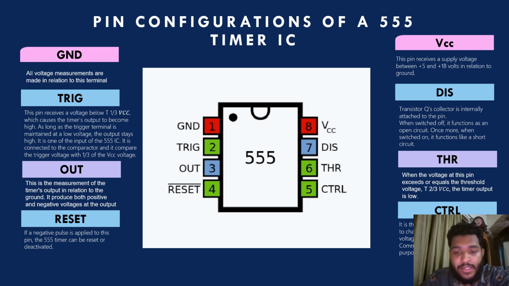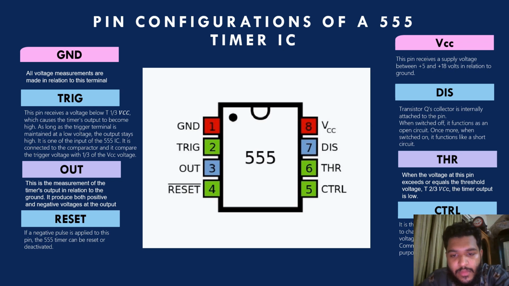A reset pin on number 4 allows for manual control over the timer's state. Pin 5, the control voltage pin, offers advanced users the ability to fine-tune timing behavior.